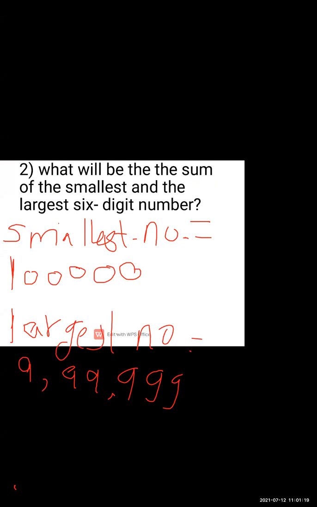So what you will write, the total number is equal to 10,99,999. Okay, in this way you have to write it. After 10 lakh, 1 comma, 10,000, 1 comma.